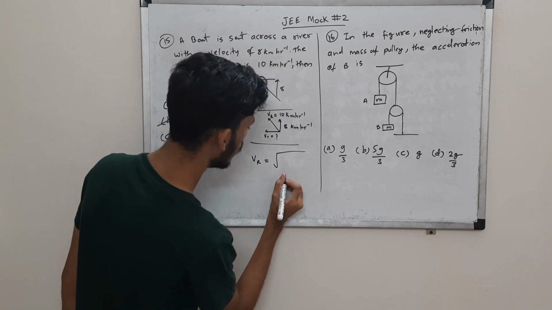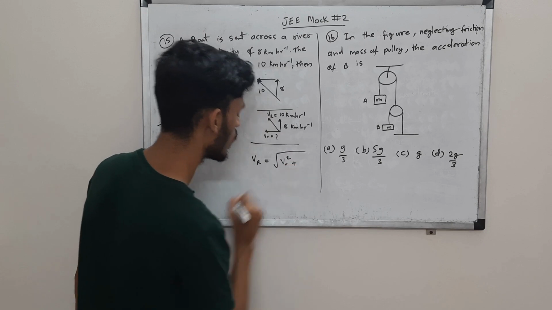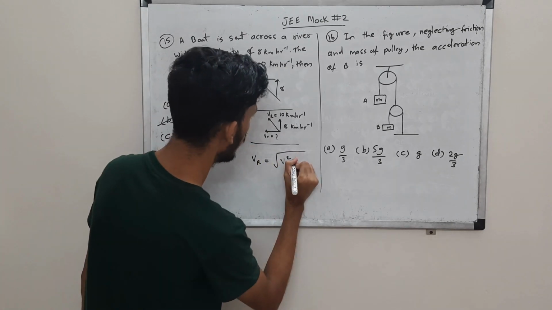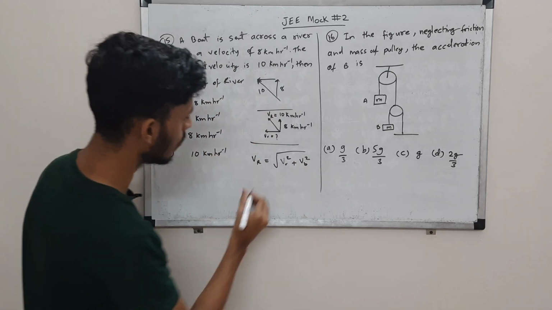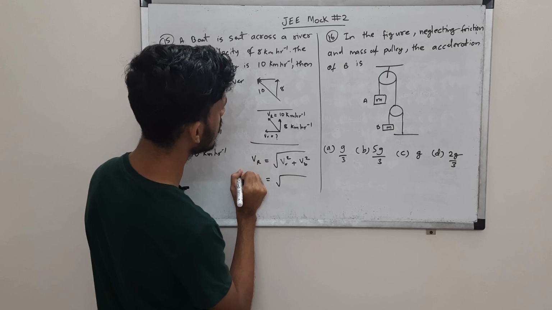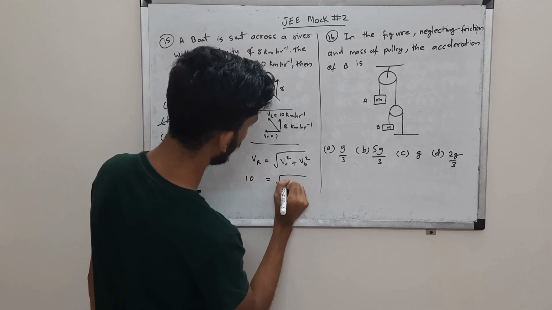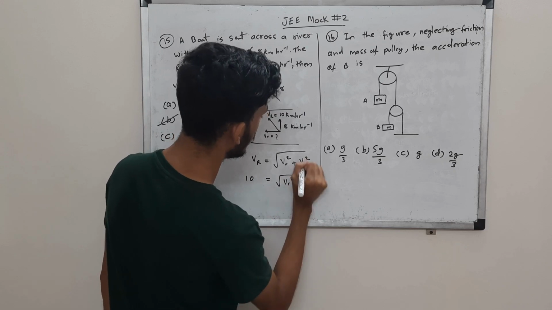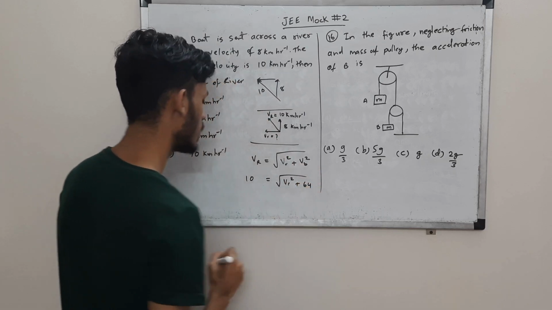So now Vr will be given as the velocity of the river square plus the velocity of boat square, under root. The resultant velocity is 10. It is given, right? We are supposed to find the velocity of the river, and the velocity of boat is 8. 8 square is 64, right?